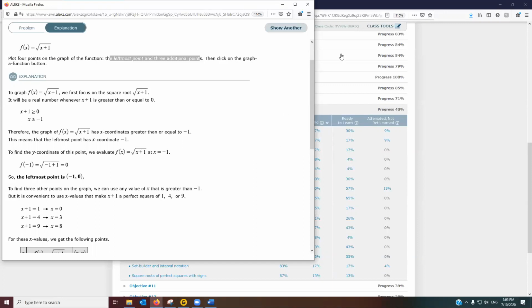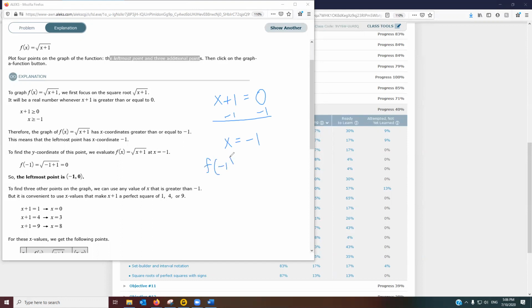So what I'm going to do to get started is take what's underneath and set it equal to 0. When I do that, I'm noticing that x equal -1 will make the y value here equal to 0. So let's work it out.